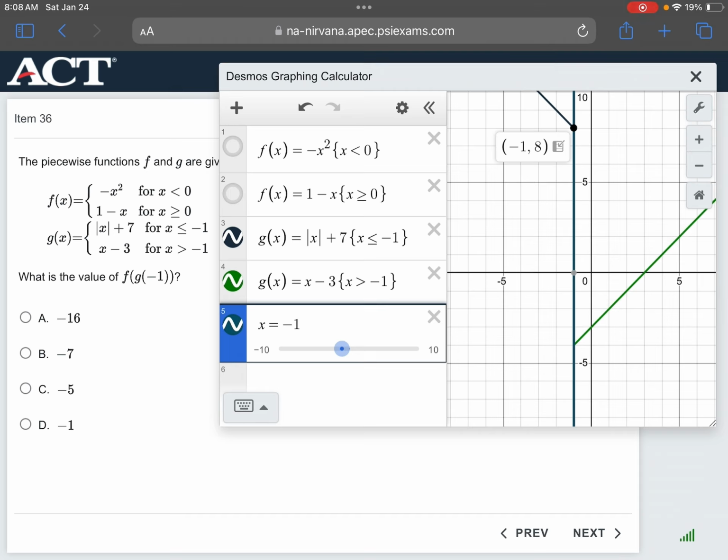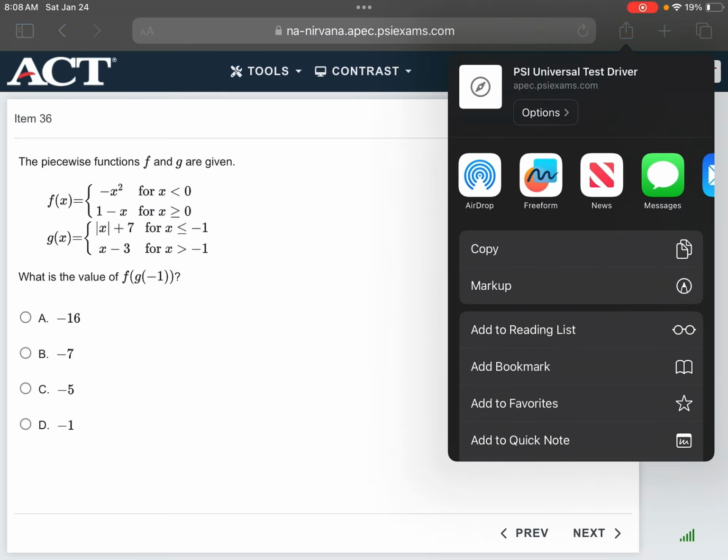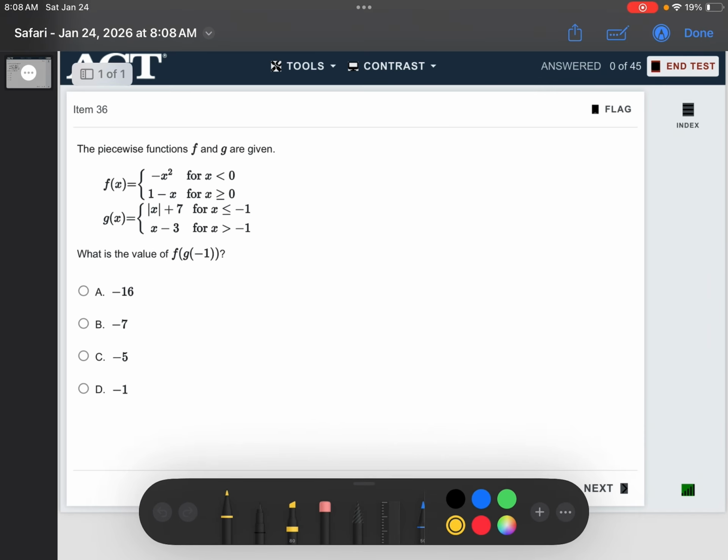So this tells me that if I put -1 into the g function, then I get an output value of 8. Now what the question wants me to do, let's jump out of this and do a little drawing here. Now that we found out what g of -1 is, g of -1 was equal to +8.